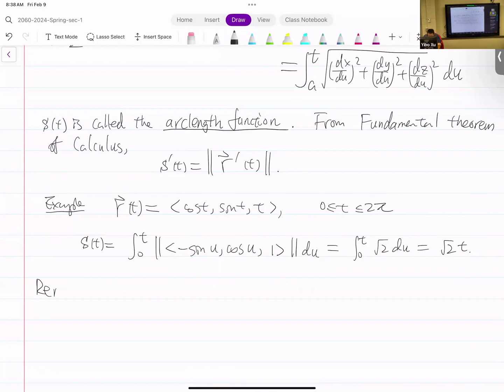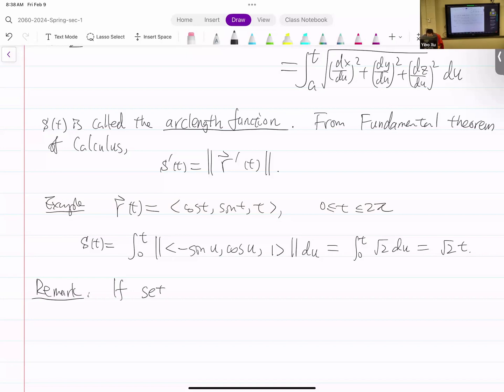Remark. If so, this is a functional expression, the functional relationship, and also you can think about it as a parameterization. Okay? So originally you have a parameter t, but now you can just use another parameter s to represent the whole thing.